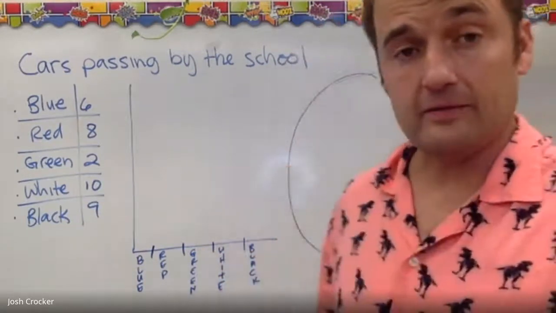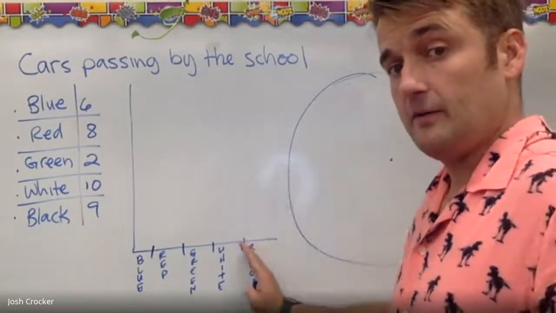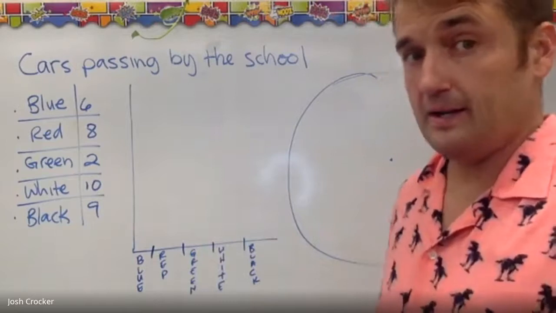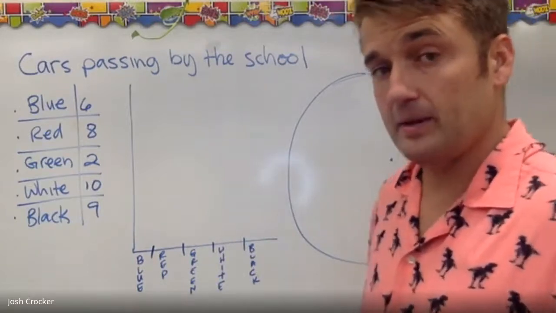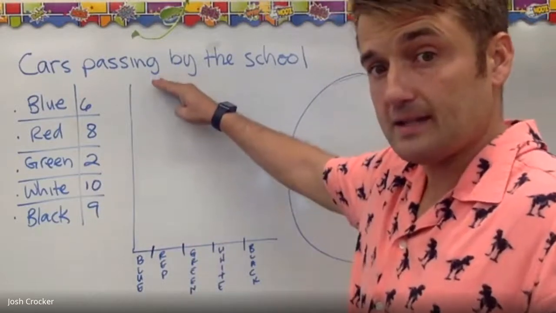So now I'm going to have a bar that goes up for each color. See how that works? And then the next step is going to be to set the scale for this axis.